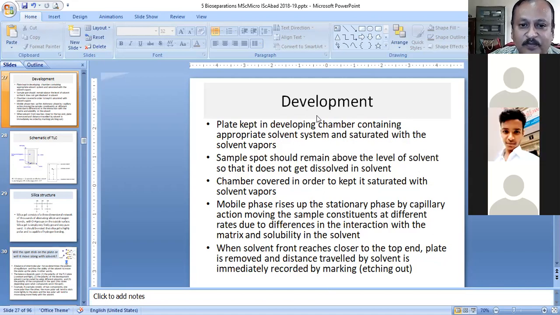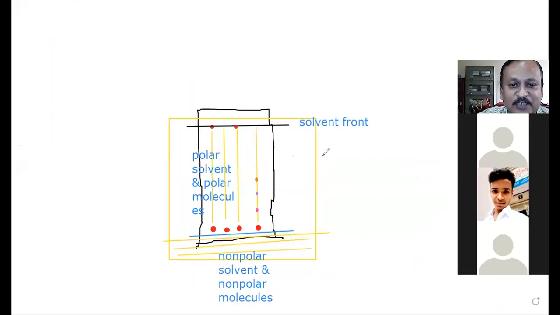Yes, sir. Okay, I'll just try to show it. If this was your solvent front, you could see it when you remove the plate. Okay, but before you keep it for drying, okay, with the help of a small needle, you just scrape out this portion. Okay, with a different color, I'll show it. Which color? Okay, brown color.